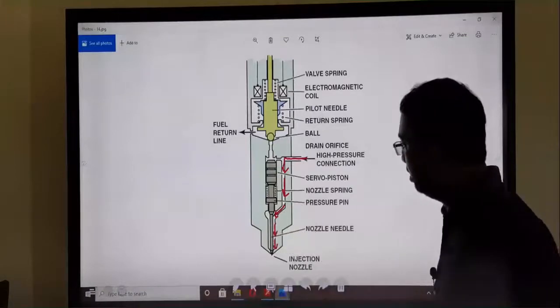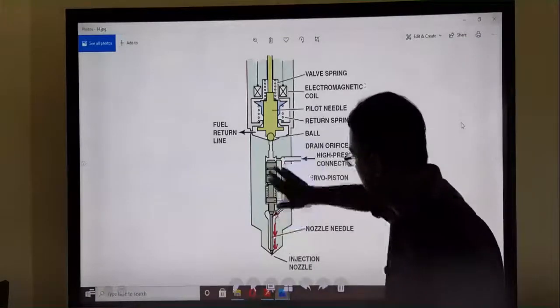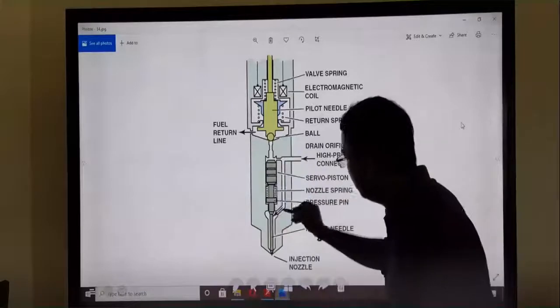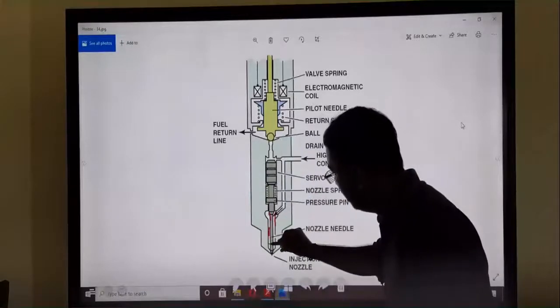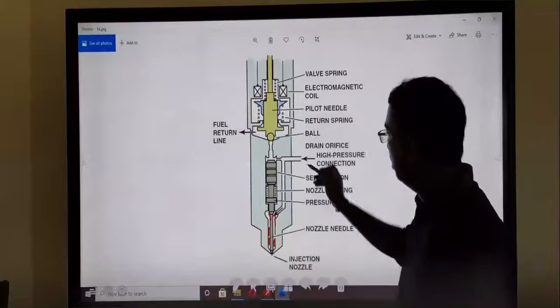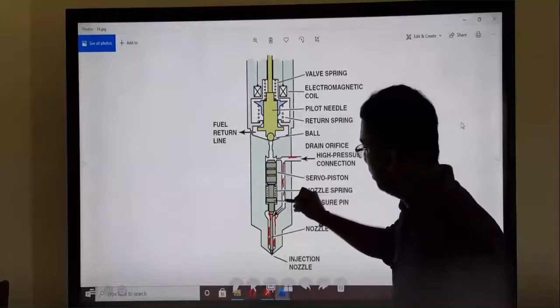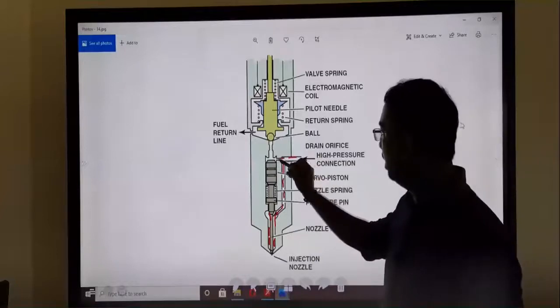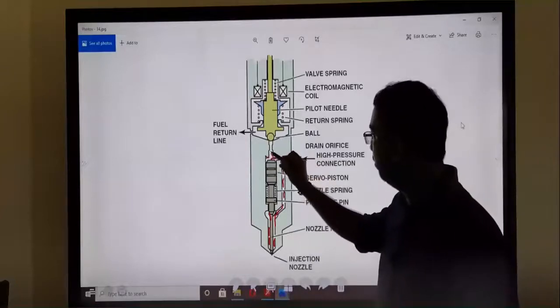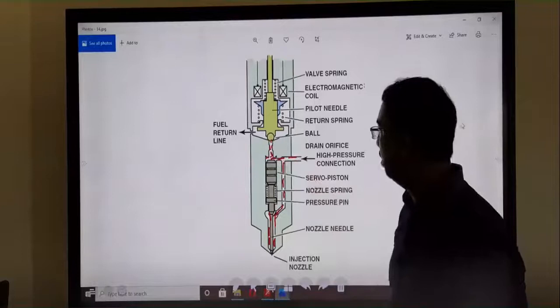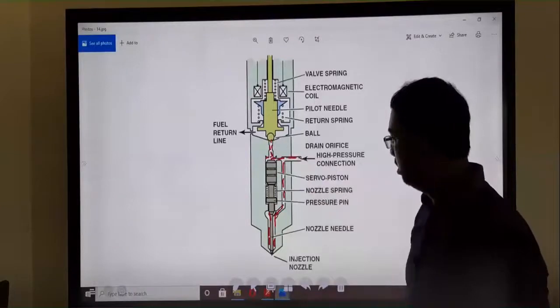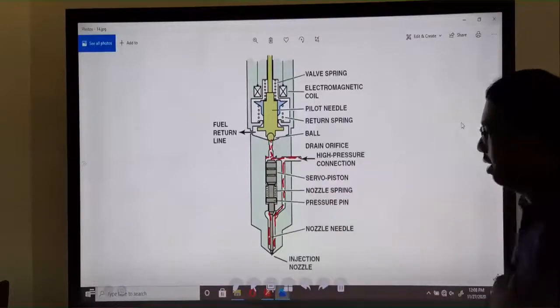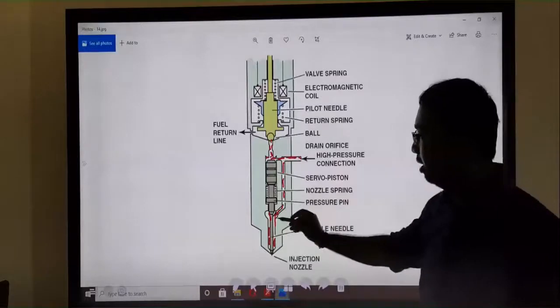So this injector is filled in this area. Some amount of fuel also comes like this. There is a way, and the fuel fills here also, like this.